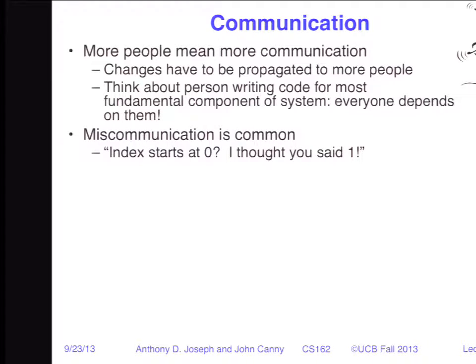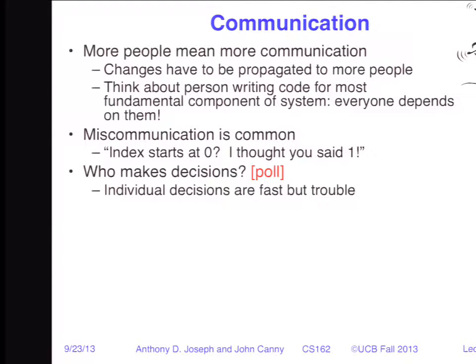Now, next poll. Who makes decisions in your project, in this class? So you can have individual decisions. Those are very fast. I'm going to do it this way. You probably don't have an argument with yourself. You just do it. Okay, so very fast decision, but it can lead you down the wrong road and cause problems. You can have group decisions. Now you have to reach consensus. Right?